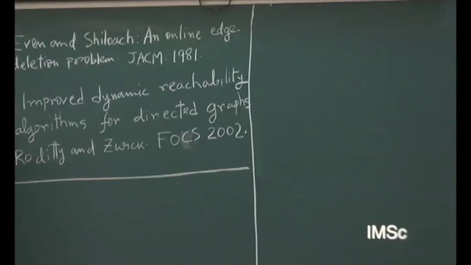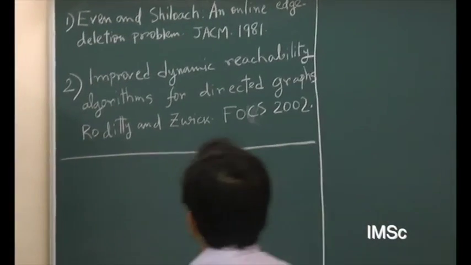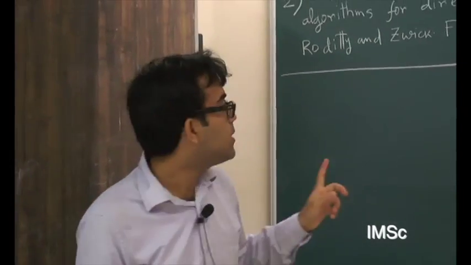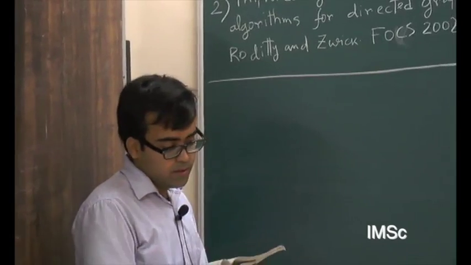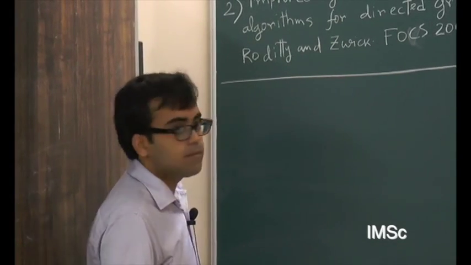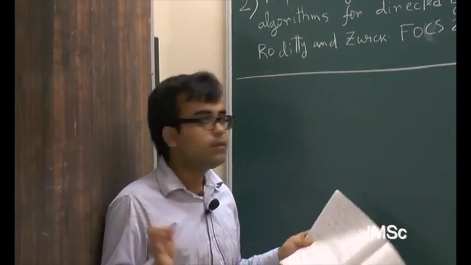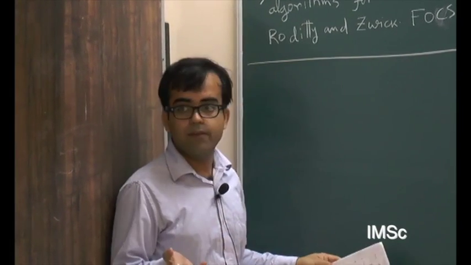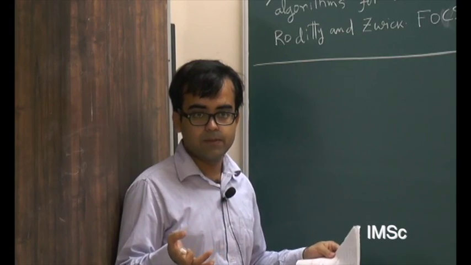So let's start. This week I am going to talk about these two papers, and note that we are now embarking on a different topic, and it's called dynamic reachability. Reachability problems are basically extensions of, say, connectivity problems to directed graphs.